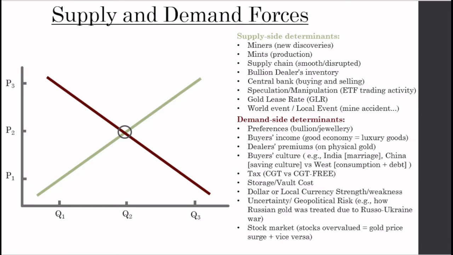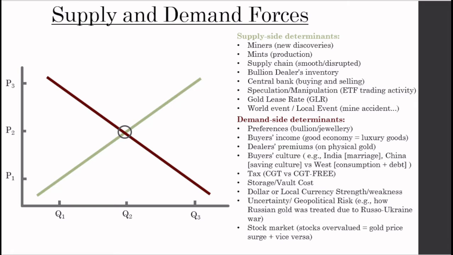Okay, so after that, we got buyer's income. What I'm referring to mainly is disposable income.